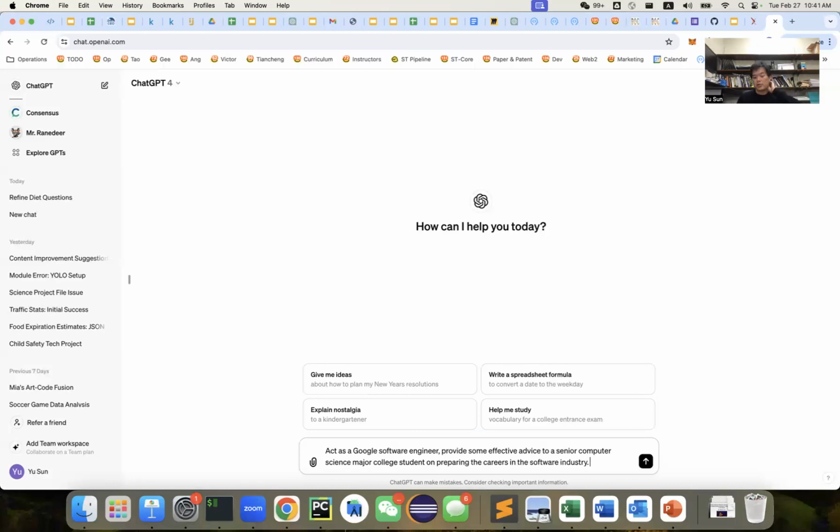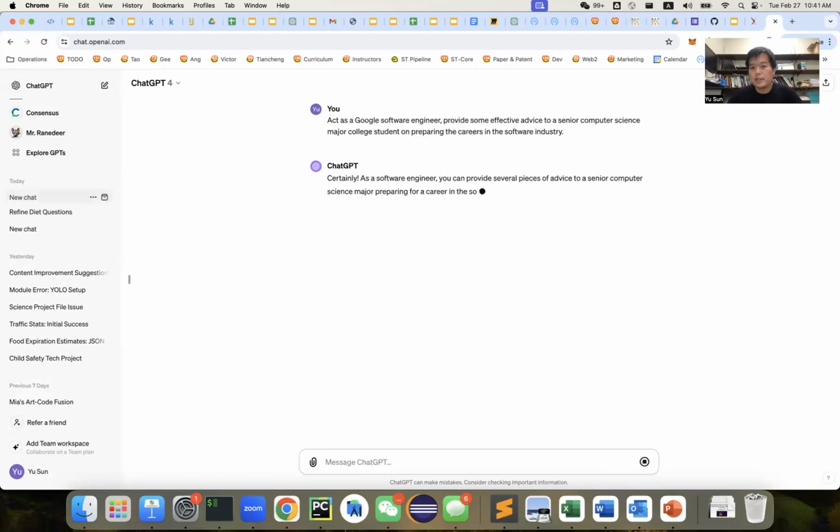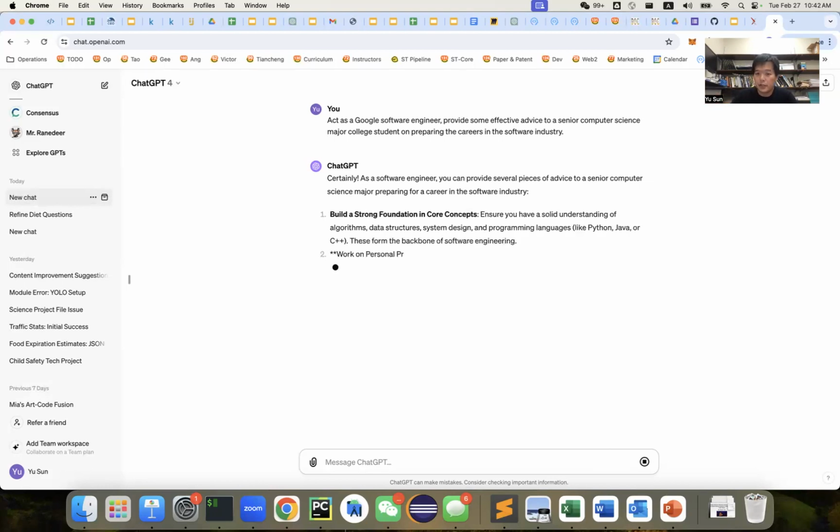So act as a persona. You're taking the perspective of a Google software engineer and providing advice to prepare for jobs and careers. If you do this, as you can imagine, it's definitely going to give you a really good answer.